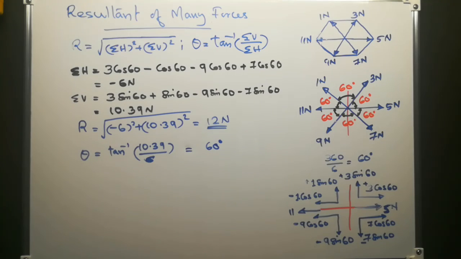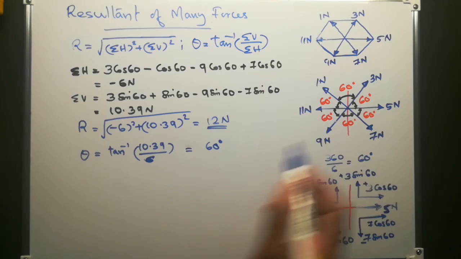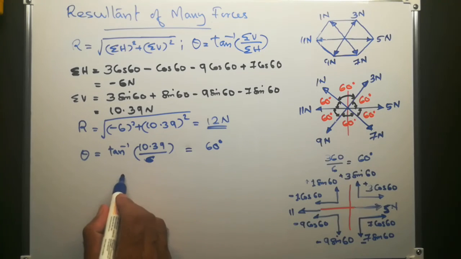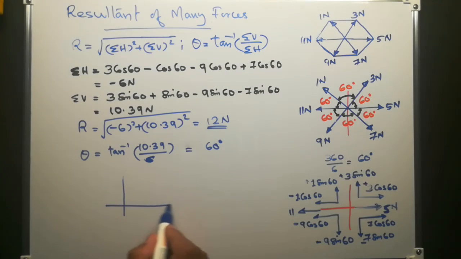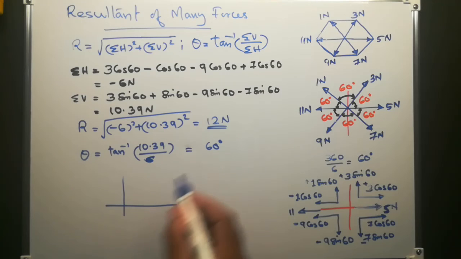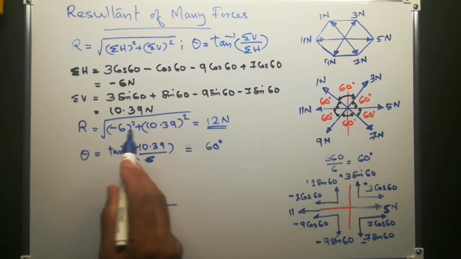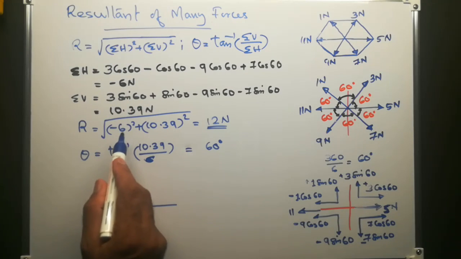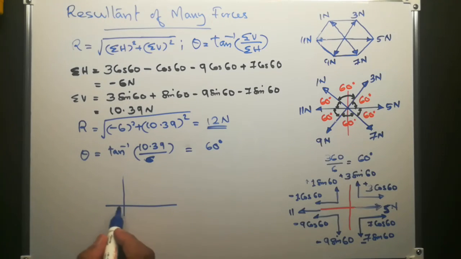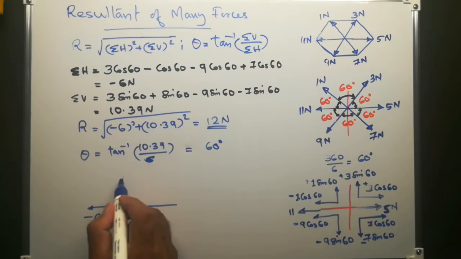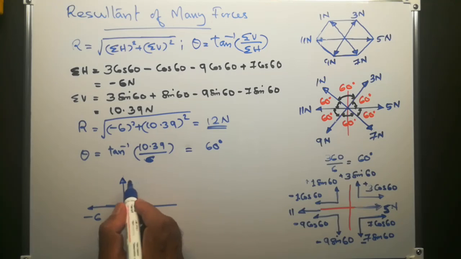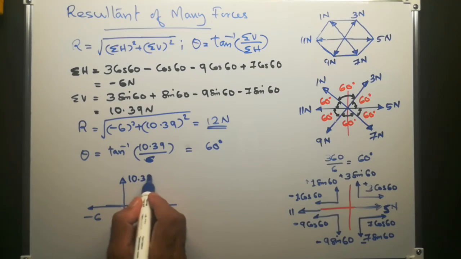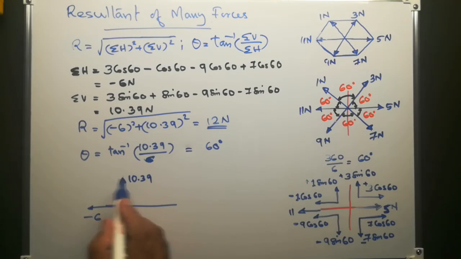Now if we draw the resultant as a vector diagram, the horizontal component of the resultant is minus 6, so it is in this direction, and the vertical component is 10.39.